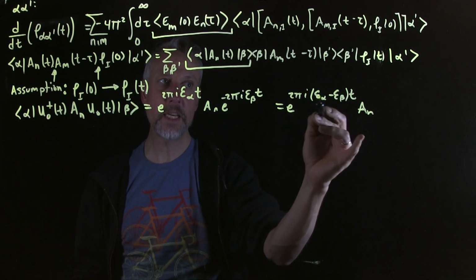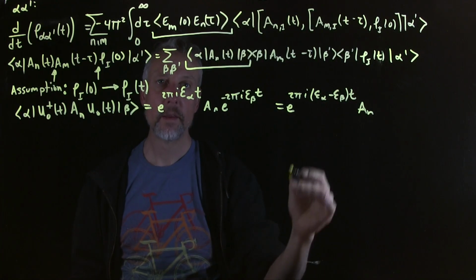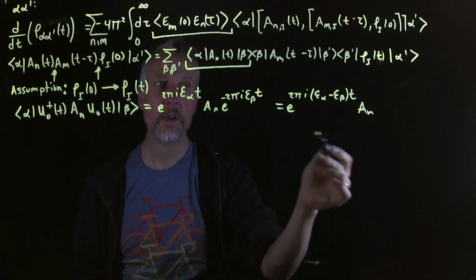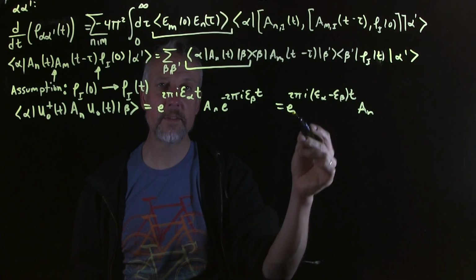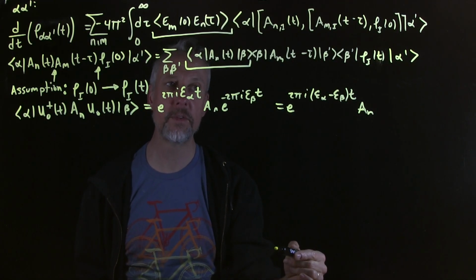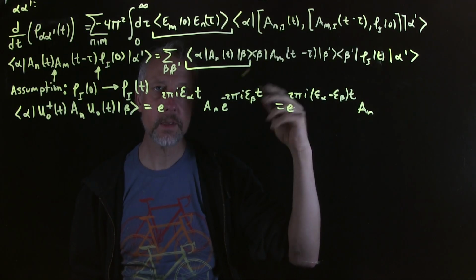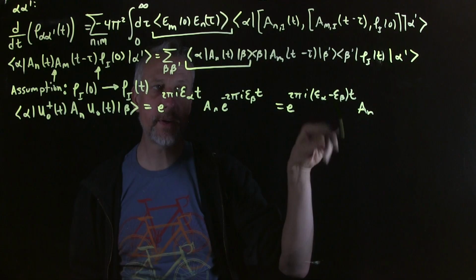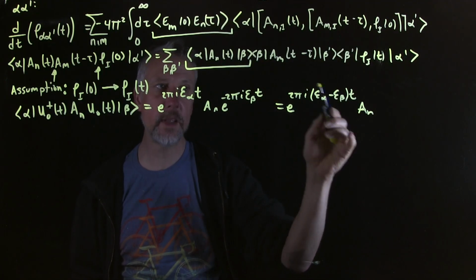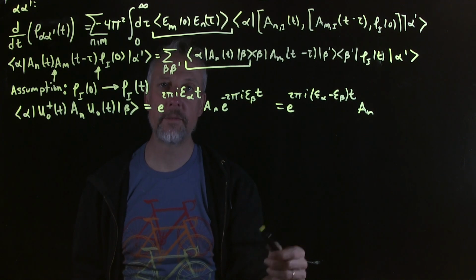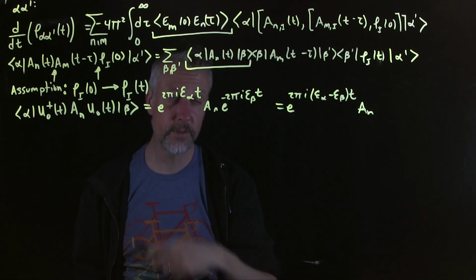We have an energy gap between alpha and beta. So this is a frequency. This is something that's, it's obviously complex, but if you think of it sort of like half in some sense of a cosine, right? And so it's something that will give a phase that will spin or rotate in the complex plane with the frequency proportional to the energy gap between these two states, all right?